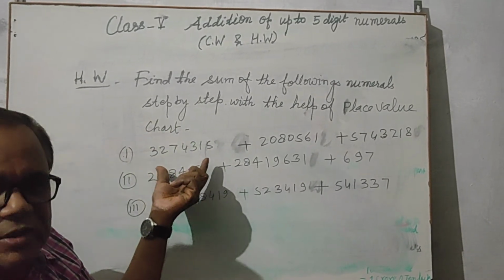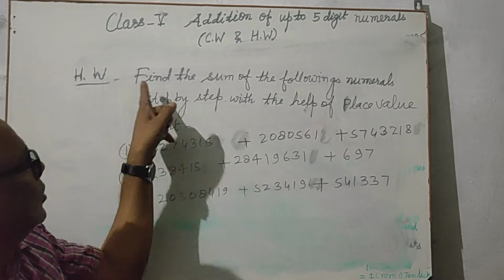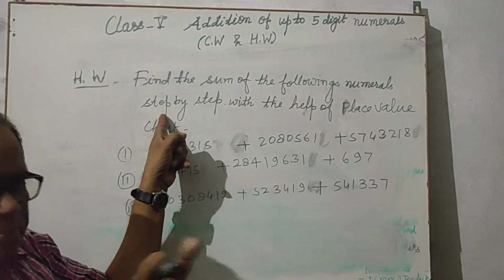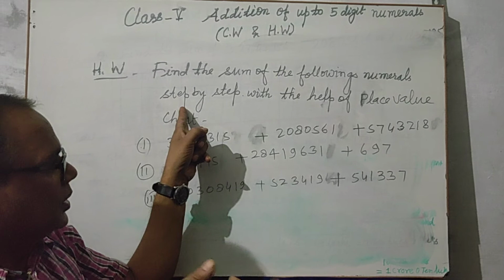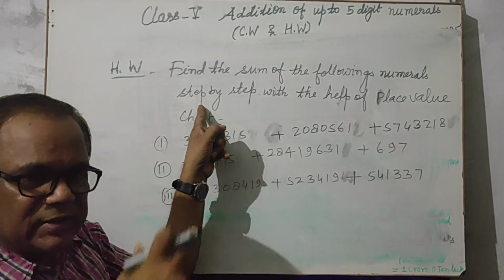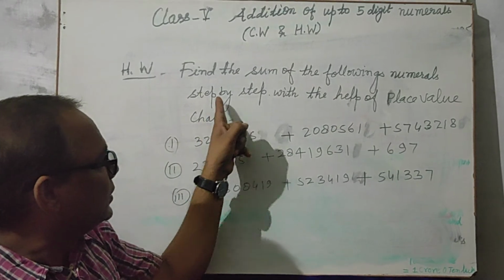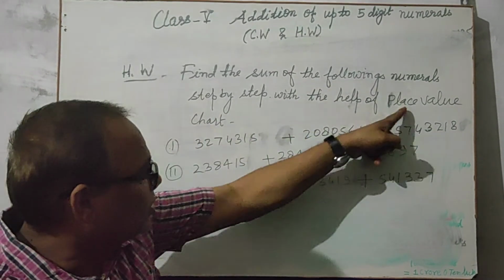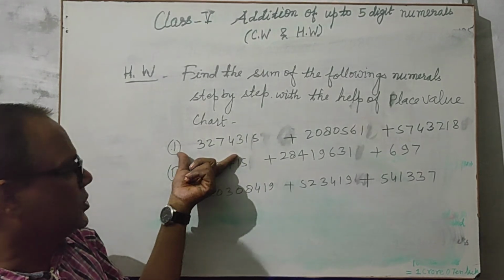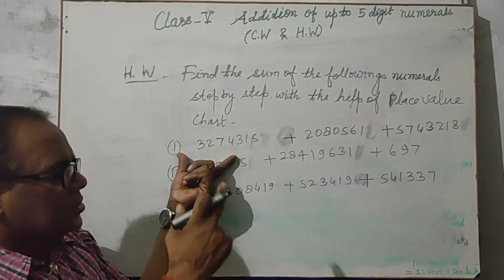It should be done by you. Find the sum of the following numerals step by step, as earlier illustrated by me, with the help of the place value chart. See these questions properly.